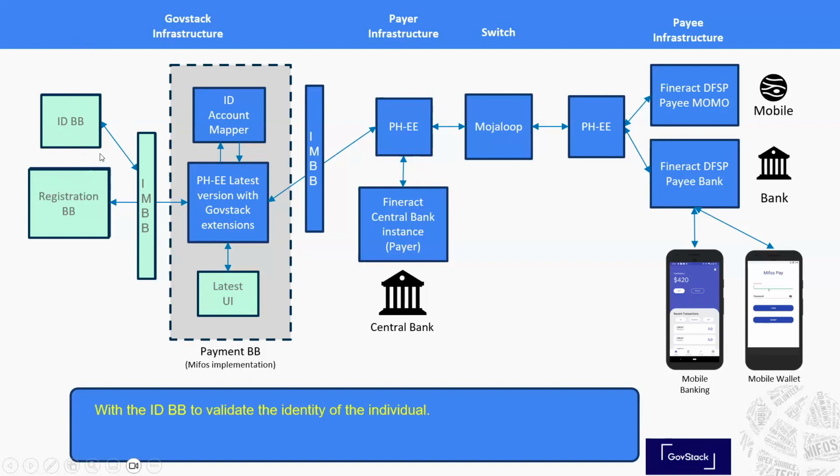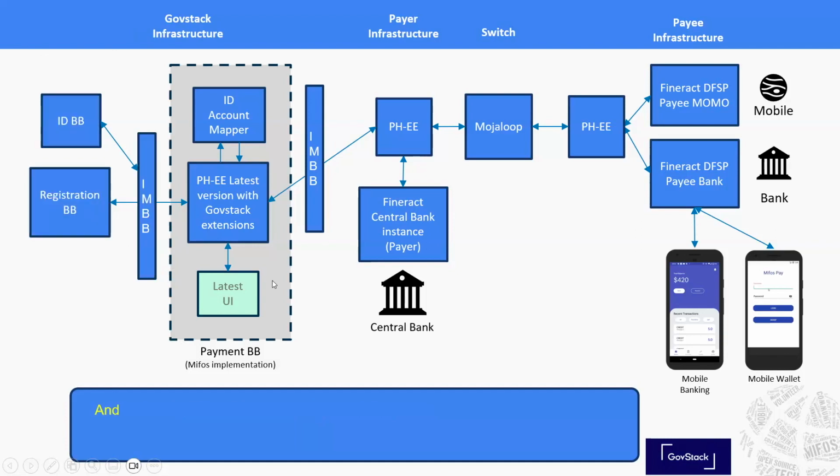This implementation could also be seen from the Govstack sandbox in the simulations, where we've implemented the unconditional social cash transfer. It shows the hop between the registration building block, then the IDBB, and how they're verified. And via the IMBB, they go ahead to register the beneficiary.